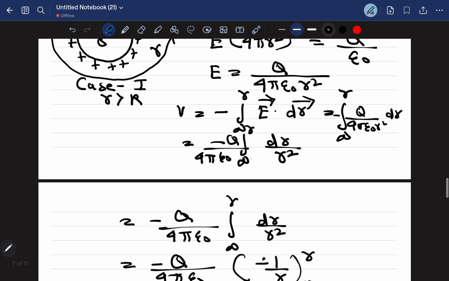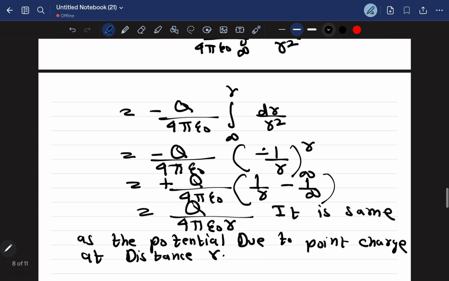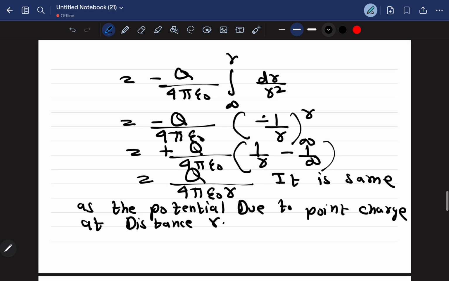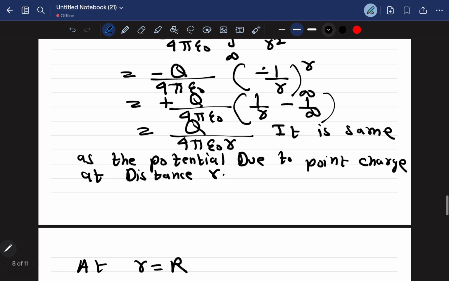We now have minus q by 4 pi epsilon naught integrated from infinity to r of dr by r square. After integration the value comes q by 4 pi epsilon naught into 1 by r minus 1 by infinity. 1 by infinity is 0, so V equals q by 4 pi epsilon naught r. This is the potential at a point at distance r from the center, where r is greater than the radius of the metallic shell. So this is the electric potential outside the charged metallic shell.